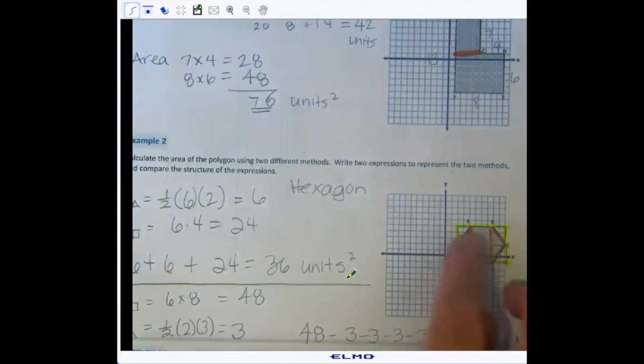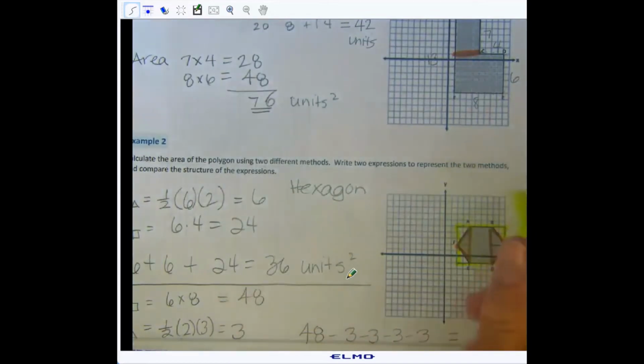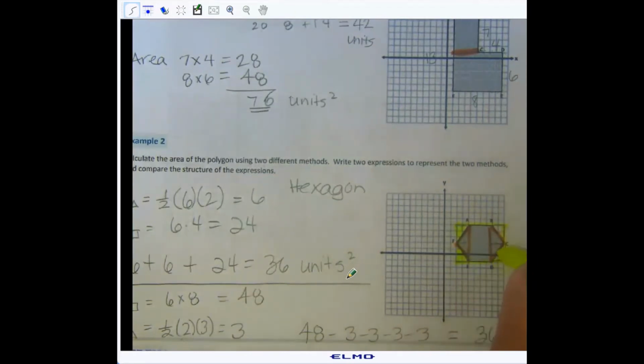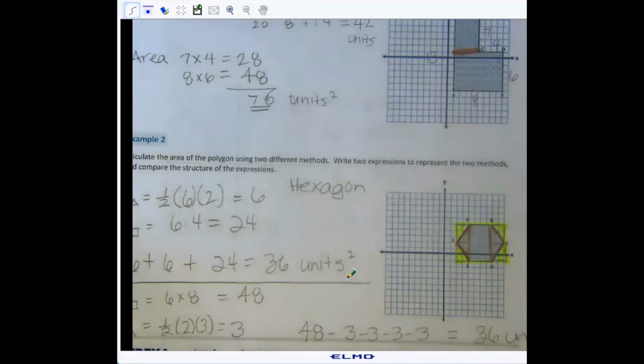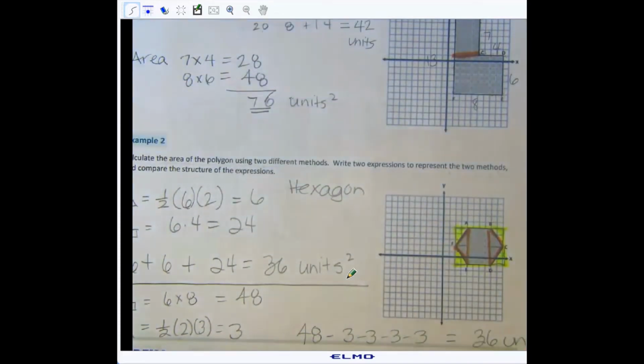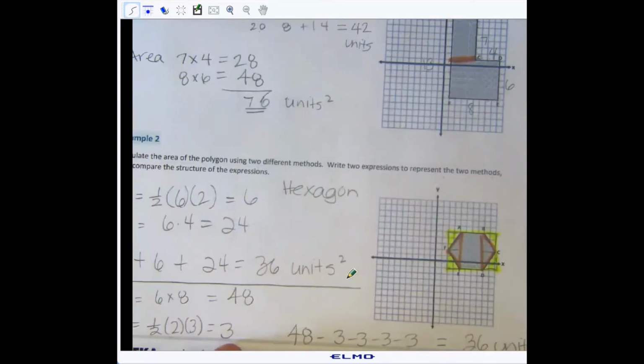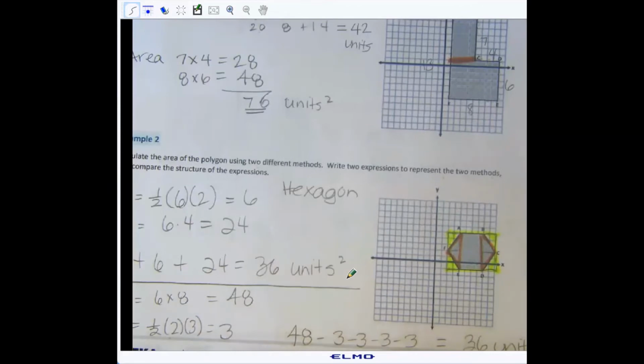In other words, the hexagon is almost the same size as that rectangle, right? We just have to look at these 4 corners that are not there. And all those 4 corners are exactly the same size. They are a 2 by 3 right triangle. So the area of that is 3. 1/2 of 6 is 3. And I have 4 of them.